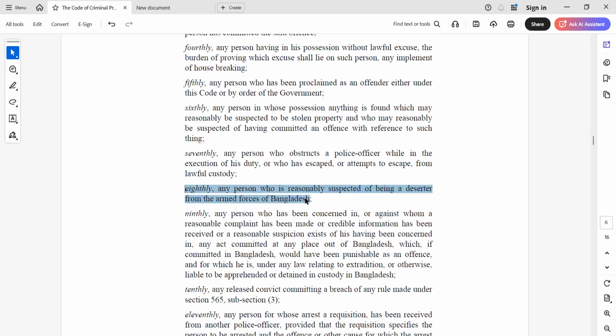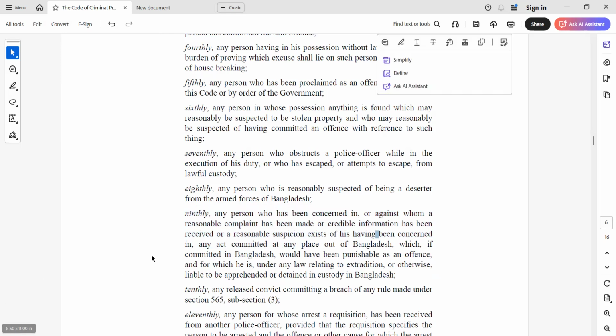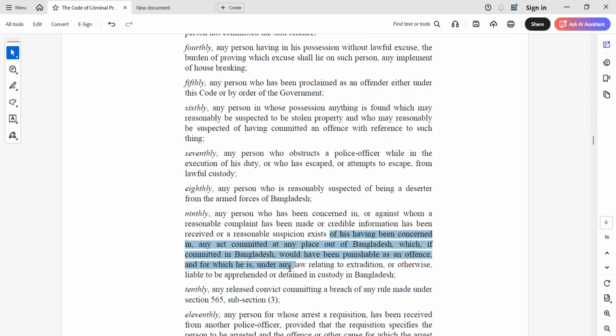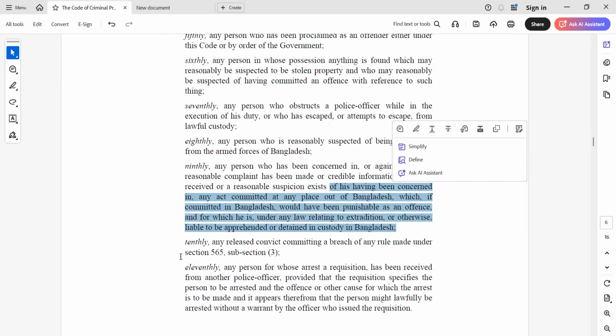Eighthly, any person who is reasonably suspected of being a deserter from the armed forces of Bangladesh. Ninthly, any person who has been concerned in, or against whom reasonable complaint has been made or credible information has been received or a reasonable suspicion exists of his having been concerned in, any act at any place out of Bangladesh, which if committed in Bangladesh would have been punishable as an offense and for which he is under any law relating to extradition or otherwise liable to be apprehended or detained in custody in Bangladesh.